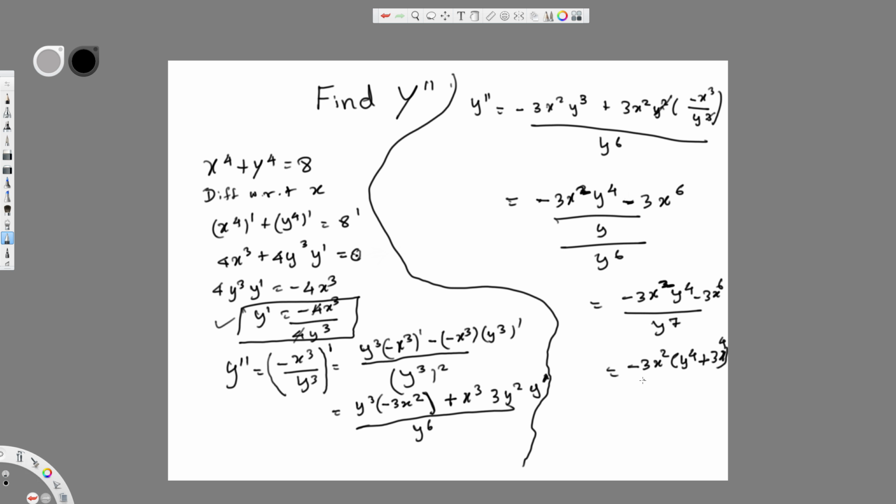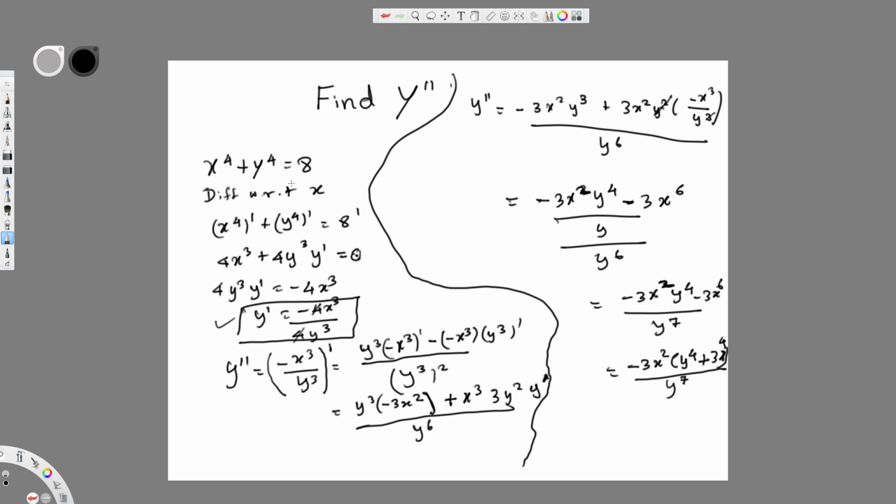So it's going to be minus 3x square times y to the power of 4 plus x to the power of 4, over y to the power of 7. That's what we have.